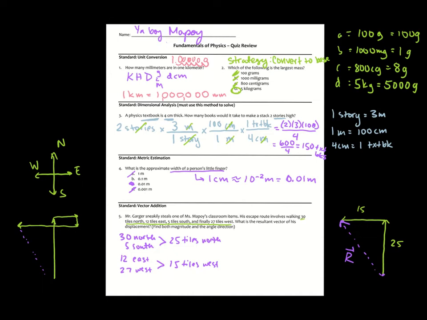So make sure we follow the directions of our overall path. And now we can do the Pythagorean theorem. a squared plus b squared equals c squared. 25 tiles, make sure you show units, guys, squared plus 15 tiles squared equals c squared.